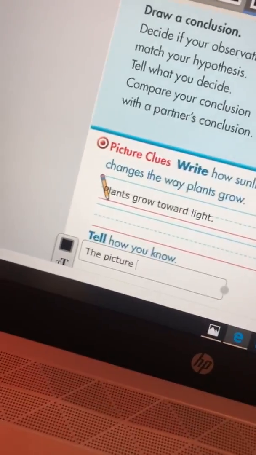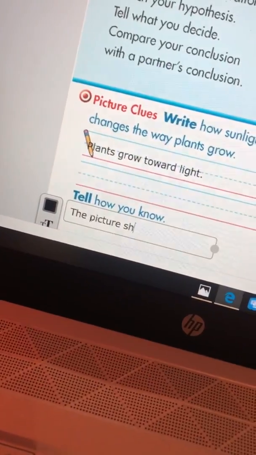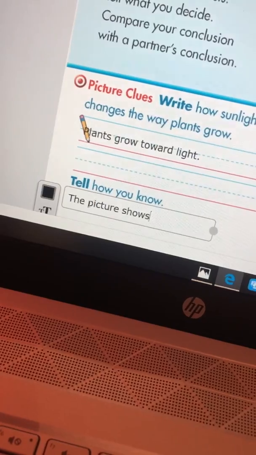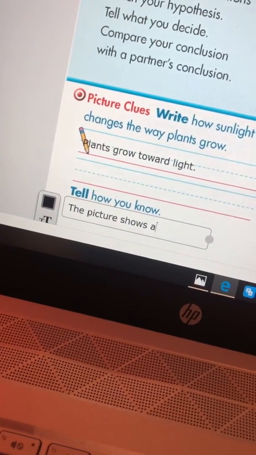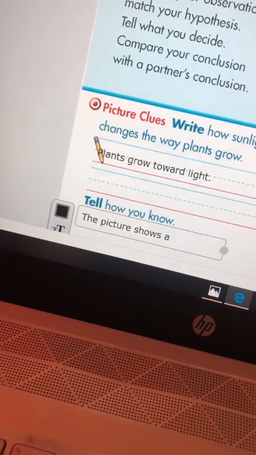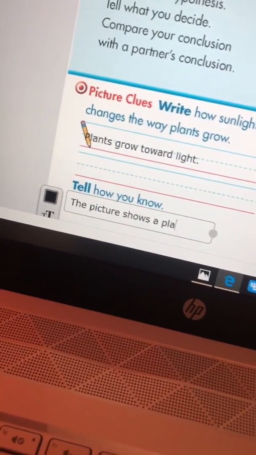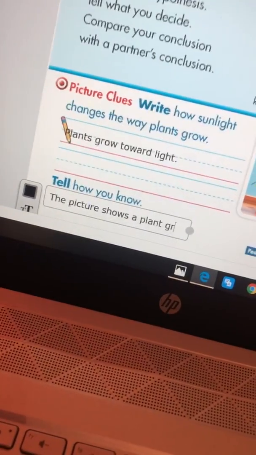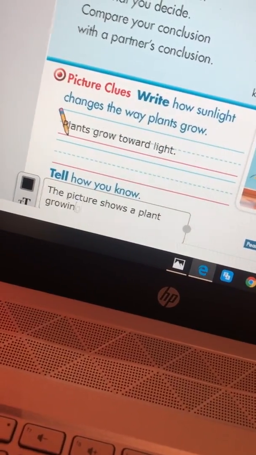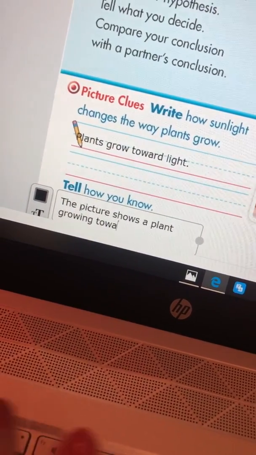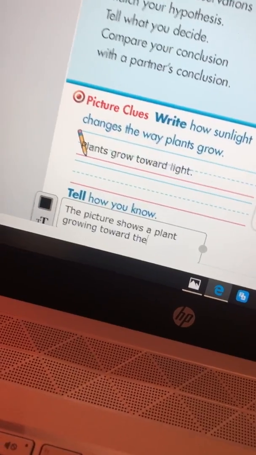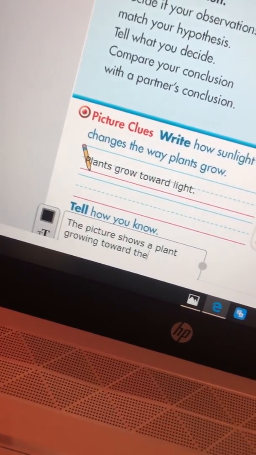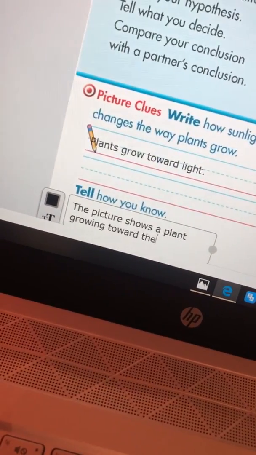The picture shows a plant growing toward the sunlight or the light. This is how we know.